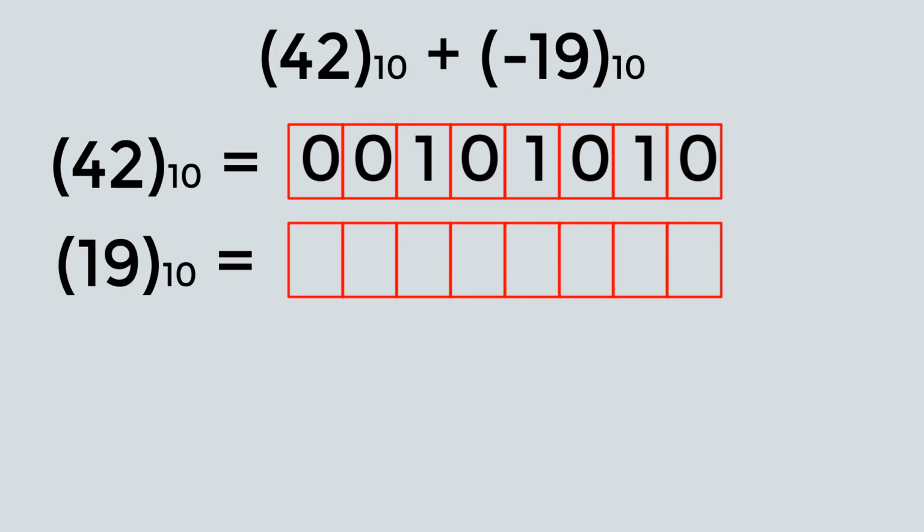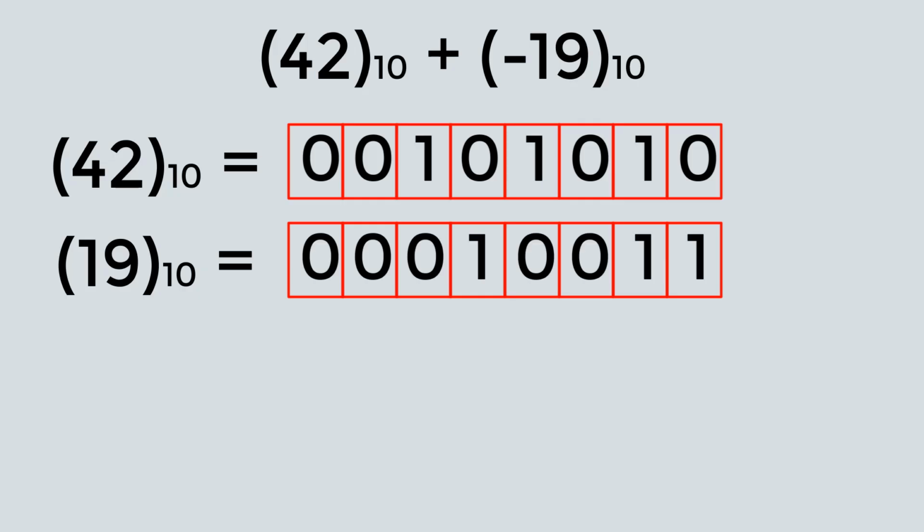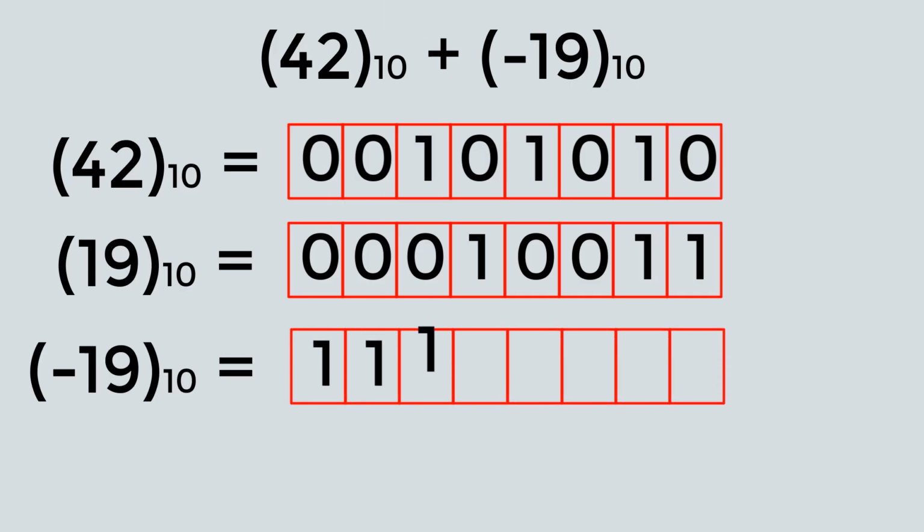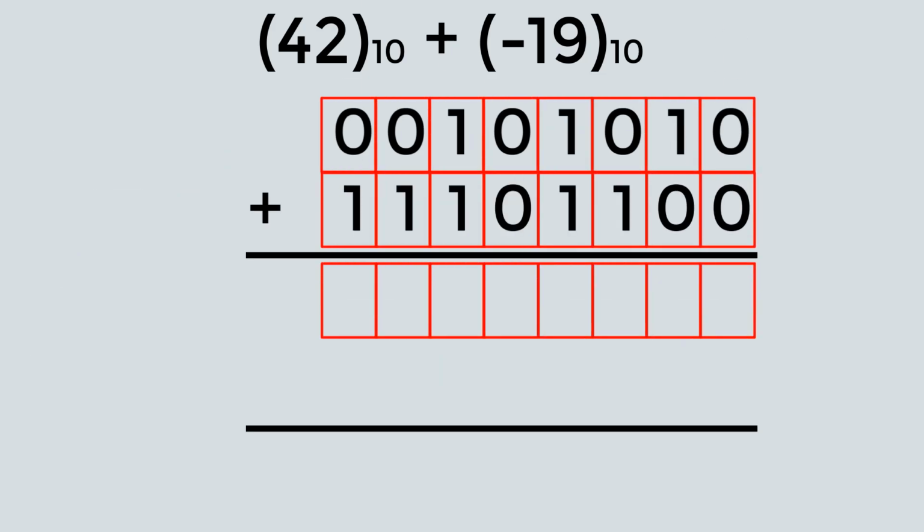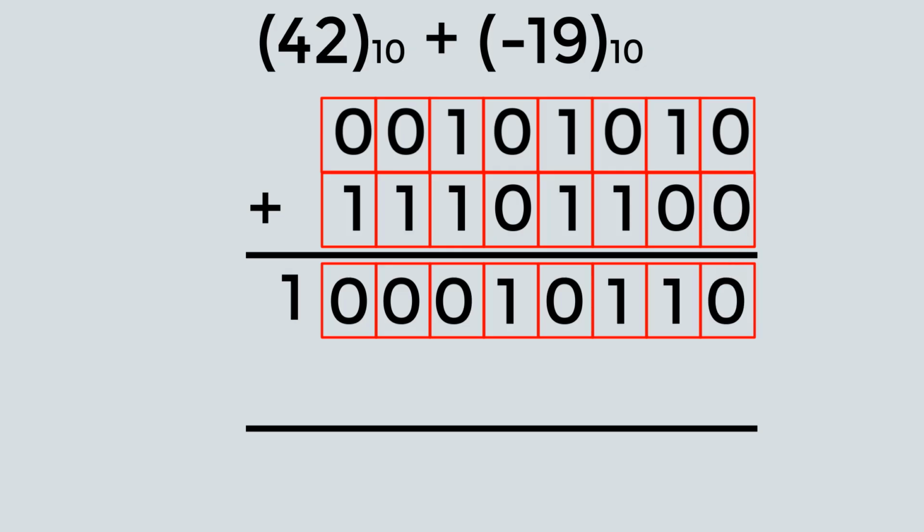Positive 19 is 0, 0, 0, 1, 0, 0, 1, 1. So we flip all the bits: 1, 1, 1, 0, 1, 1, 0, 0. And the calculation becomes 0, 0, 1, 0, 1, 0, 1, 0 plus 1, 1, 1, 0, 1, 1, 0, 0, which equals 1, 0, 0, 0, 1, 0, 1, 1, 0.